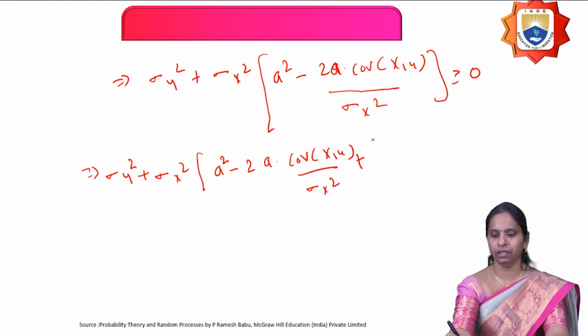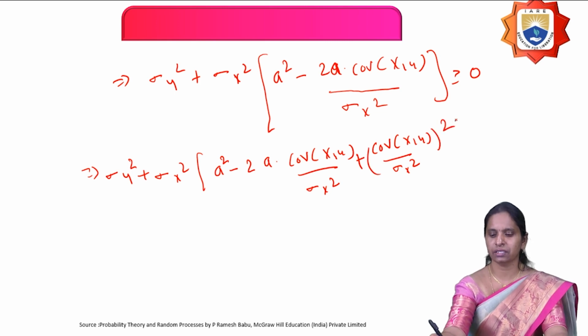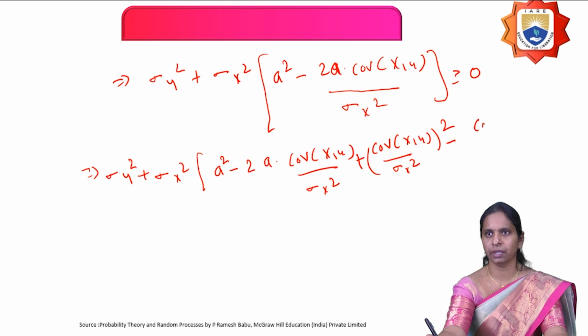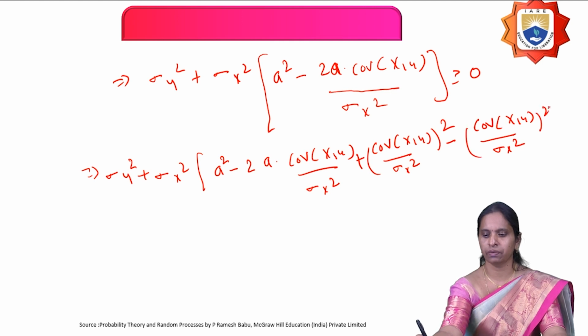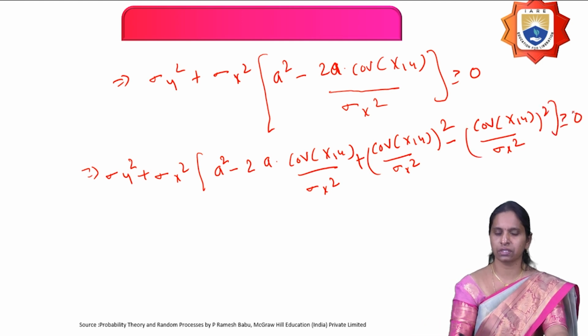What am I doing here? I am adding covariance of x comma y by sigma x square, whole square. I am adding this term and then subtracting the same term, so minus covariance of x comma y by sigma x square whole square. This is greater than or equal to 0.